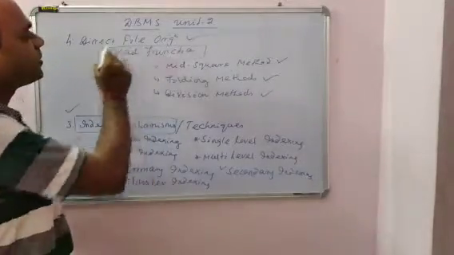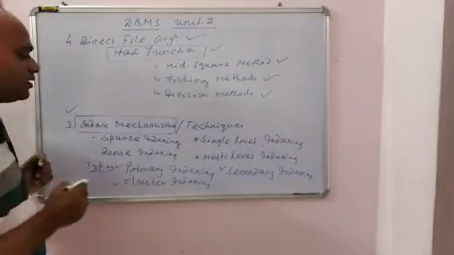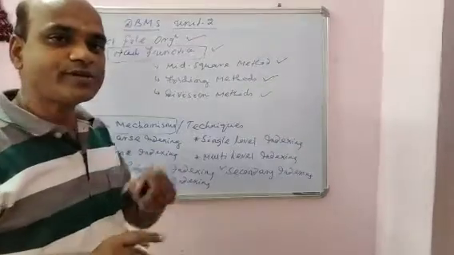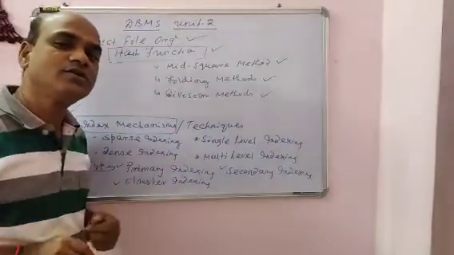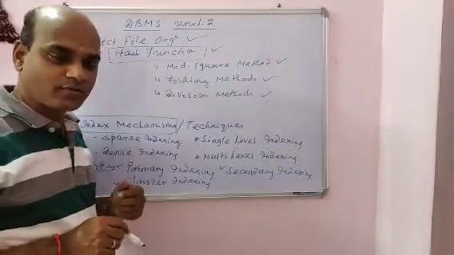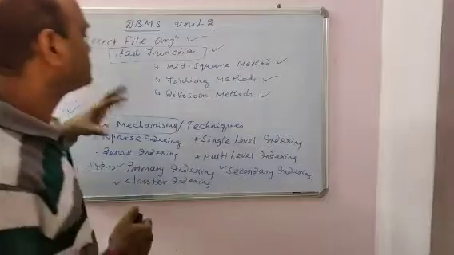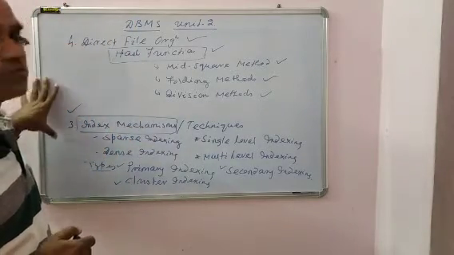Normally direct file organization uses the hash function, and index sequential file organization uses the index technique. So the index technique and the hash technique are the most important concepts in this chapter. In this unit you will positively find questions from these two concepts.